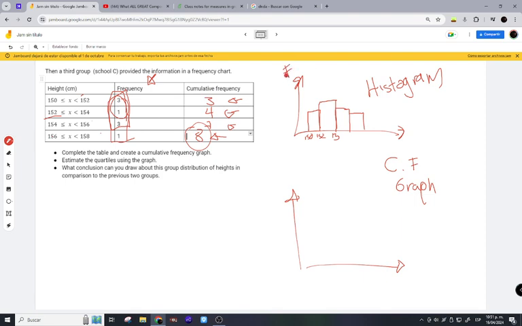Here's the frequency, here's the height. And here it's the cumulative frequency and also the height. It's also organized in intervals, but then you draw a curve. That's way different. And we use the cumulative frequency, not the normal frequency.